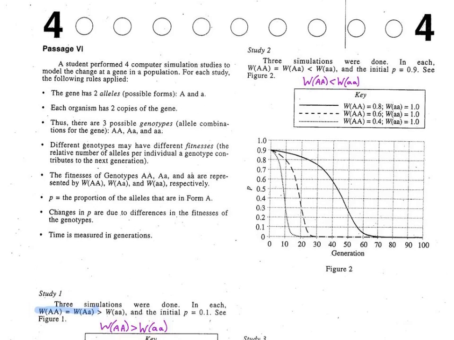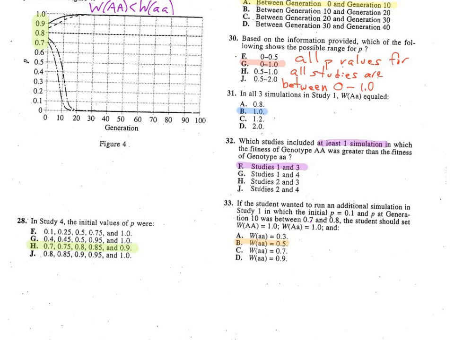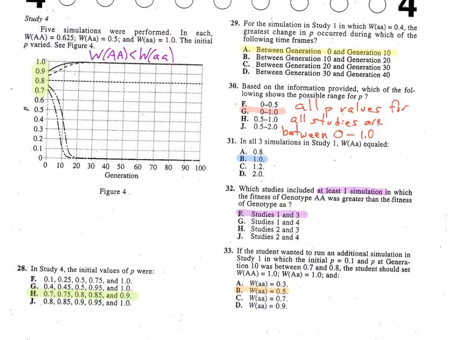In study 2, we noticed that big A was less than little a. In study 3, we noticed that big A was greater than little a. And finally, in study number 4, we noticed that big A was less than little a. So the only answers where big A was greater was studies 1 and 3. Choice F.